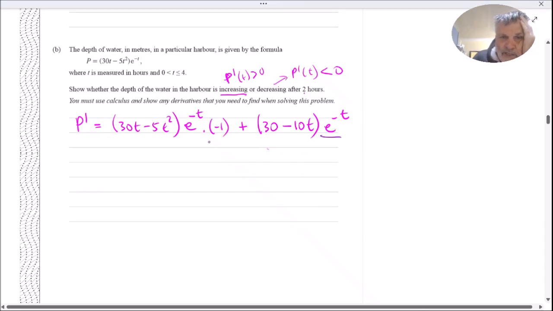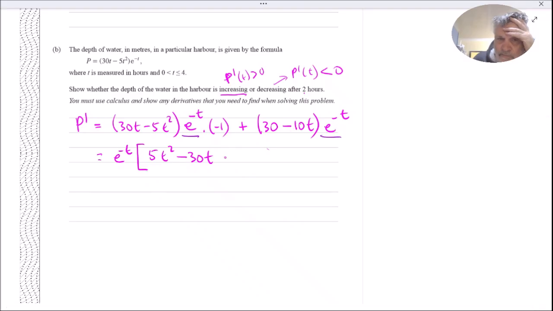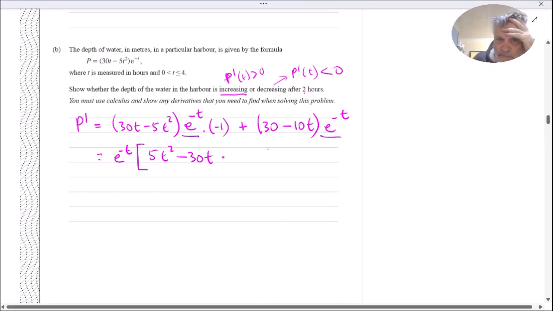Immediately you can see you've got a common factor of e to the minus t, so I think it's useful to put that out the front and then multiply this by, it's the negative of this, so that's going to be 5t squared minus 30t, and then over here it's plus minus 10t, so it's minus 10t and then plus 30.